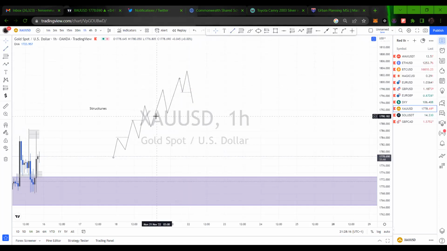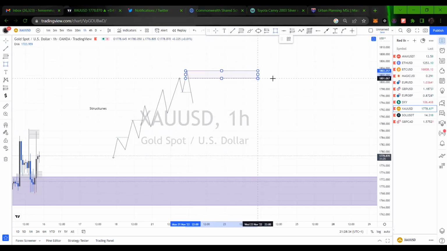Why? Because the market has created higher highs, higher lows, higher highs, higher low, higher high, and it would have just created a fresh higher low. Instead, it broke below the previous higher lows to create a new low. Most of the time, in situations like this, the market creates something around here.